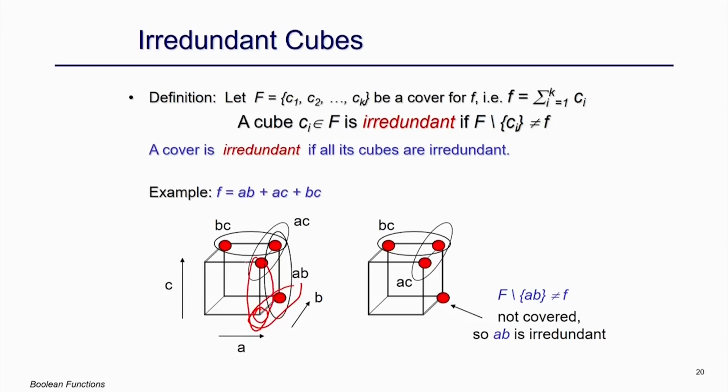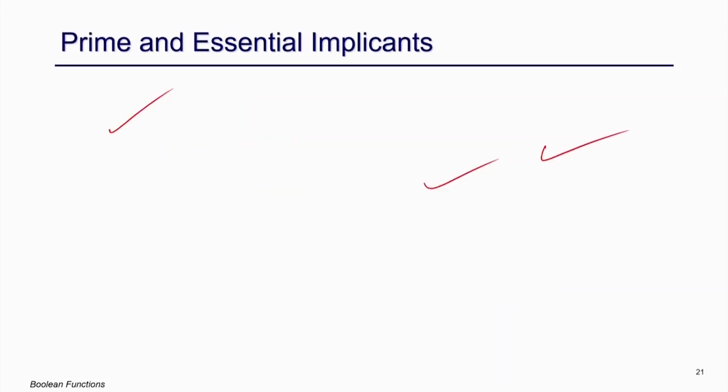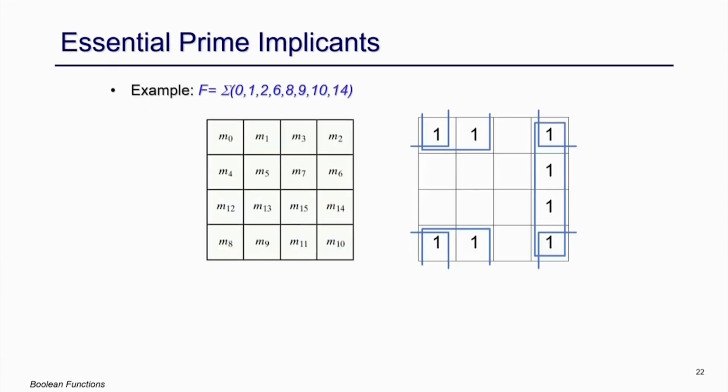Now you can see this is a redundant cover, because this is not required. Even if you do not have this particular cover, I am covering all the nodes. So this 2 is covered by this 2, this 2 is covered by this 2, and this node in the meantime is covered by this 2. If I add this, it is just a redundant one, so I can remove it. So this is called a redundant cover, but the other 3 are irredundant, because they are necessary. If you remove them, all the min terms will not be covered, right.